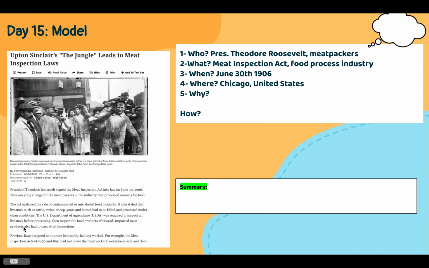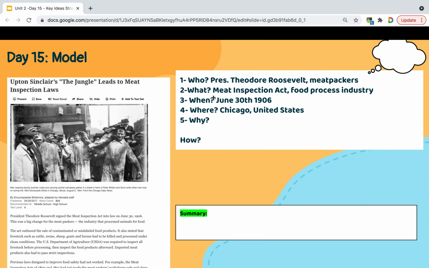Imported meat products also had to pass strict inspections. Previous laws designed to improve food safety had not worked. For example, the Meat Inspection Acts of 1890 and 1891 had not made the meat packers' workplaces safe and clean. So why was this law passed?